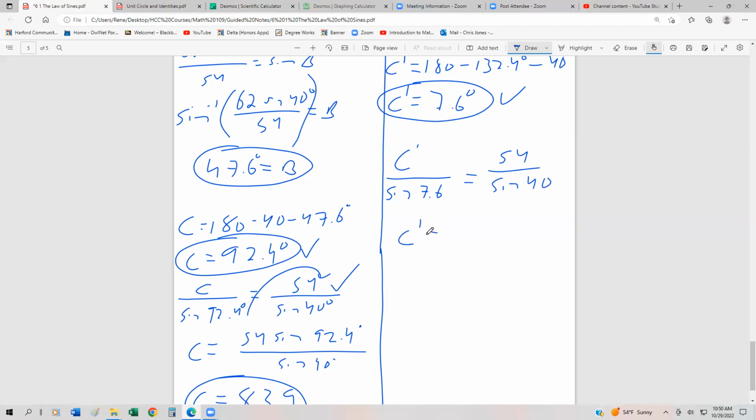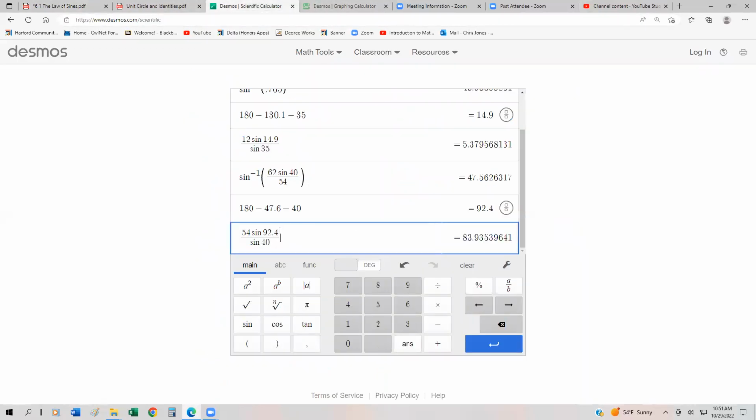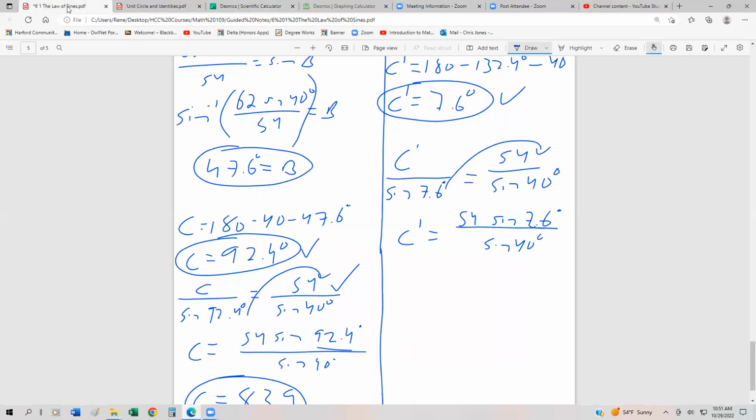That means side C prime is going to be 54 times sine of 7.6 degrees, divided by sine of 40 degrees. I'm just going to replace 92.4 with 7.6 in my calculator, which makes that really easy. And that's going to give us 11.1. So C prime is 11.1.